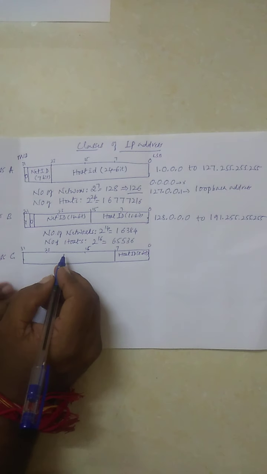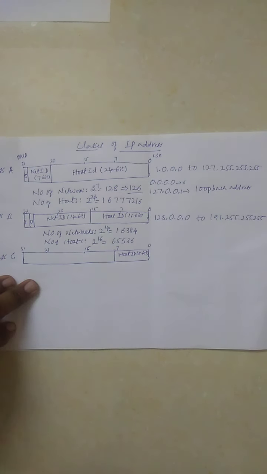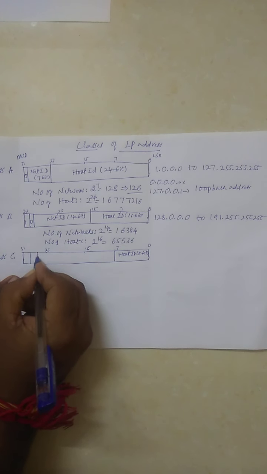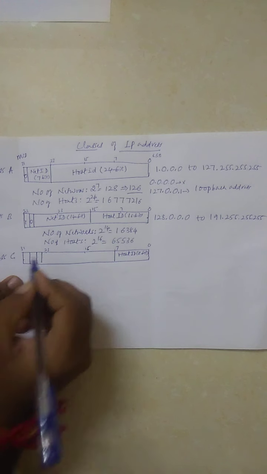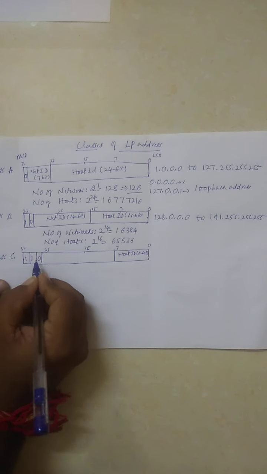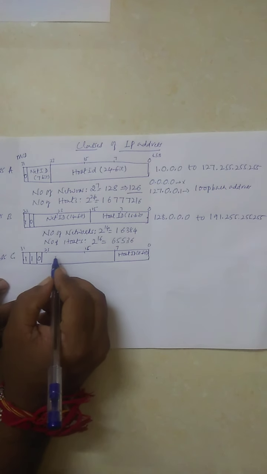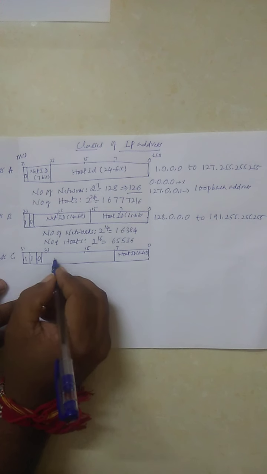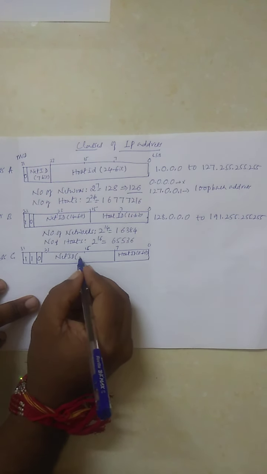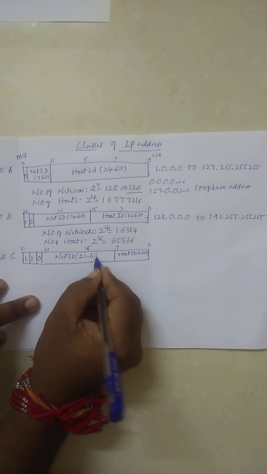Then the remaining 24 bits we are using for network identification. Among the 24 bits, 3 bits we are using for class identification. That class identification bit for Class C is 110. The remaining 21 bits we are using for network identification, that is your net ID. Net ID size is 21 bits.